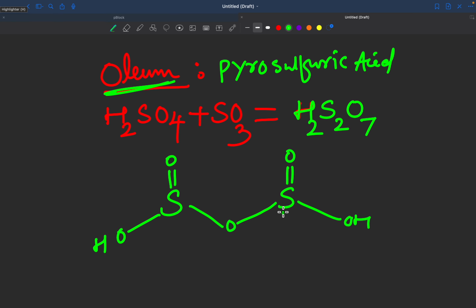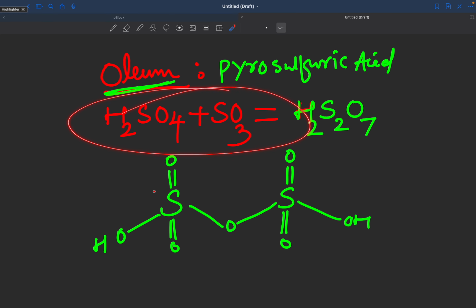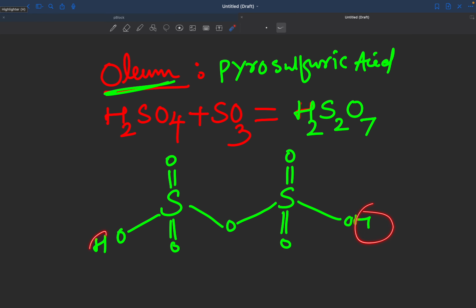So you have two OH. Here is one double bonded oxygen, here is another. A question has been asked on this in JEE: the structure of H2S2O7, in which of the following sulfur acids do you get an S-O-S bond. These types of questions are asked, and these two hydrogens are replaceable.